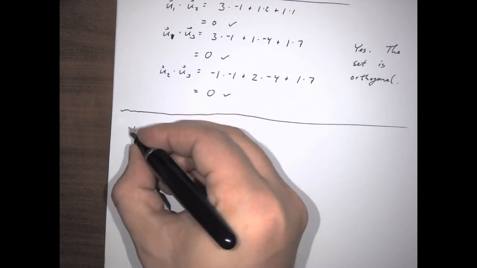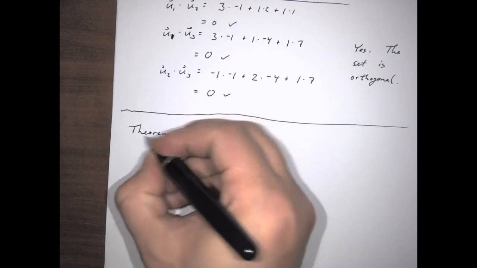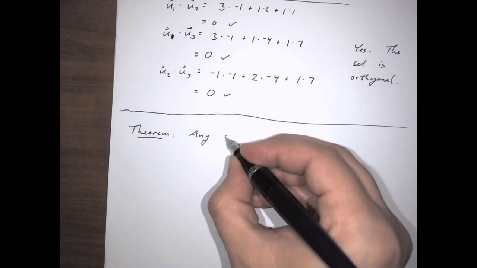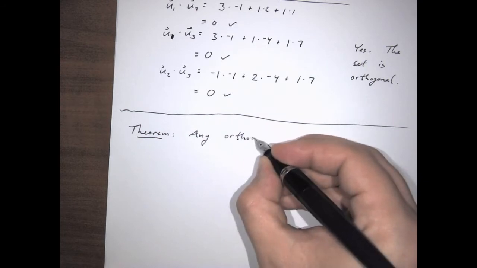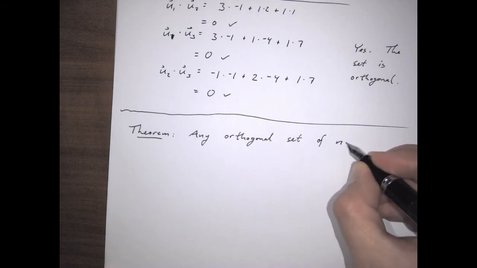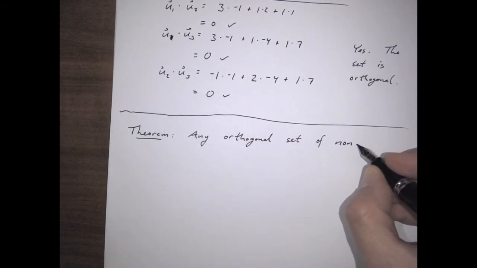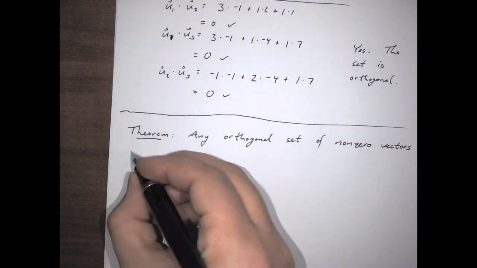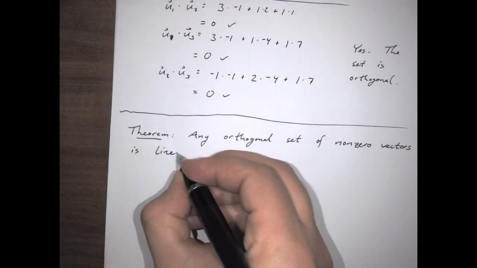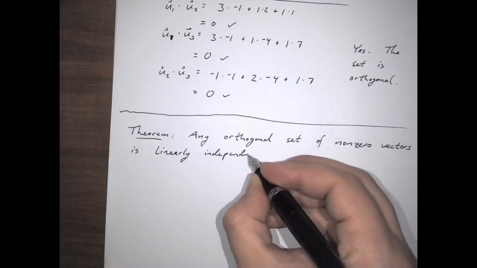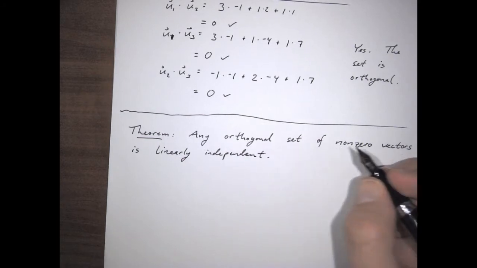Theorem: any orthogonal set of non-zero vectors, so as long as none of the u's are equal to the zero vector, is linearly independent.